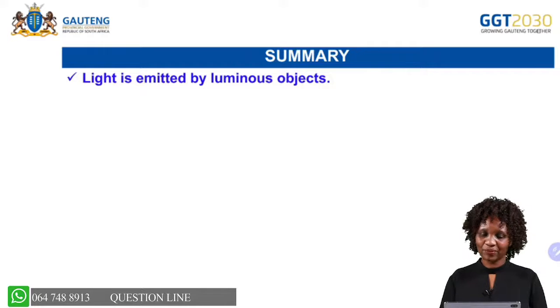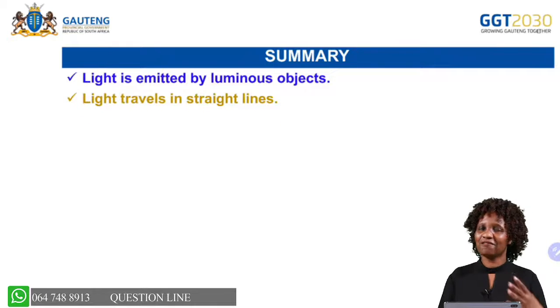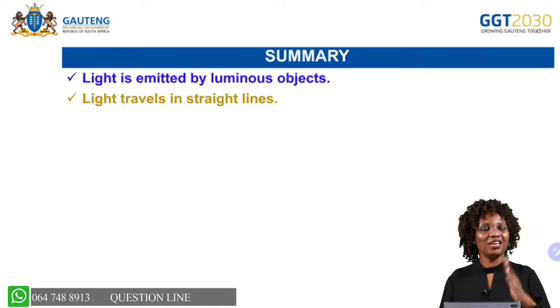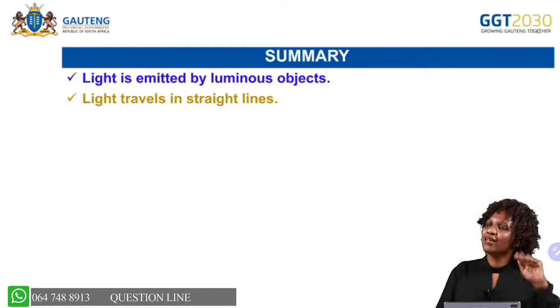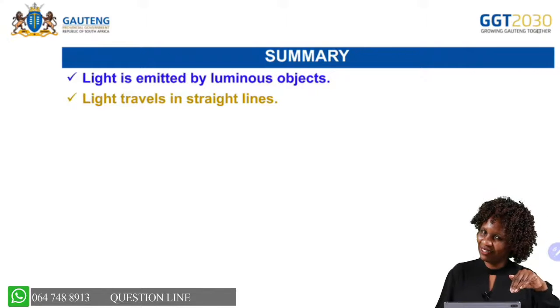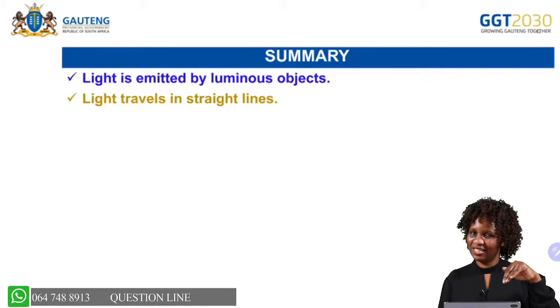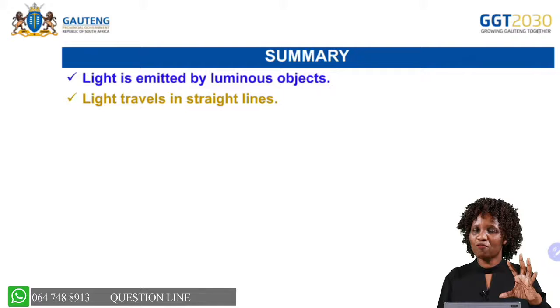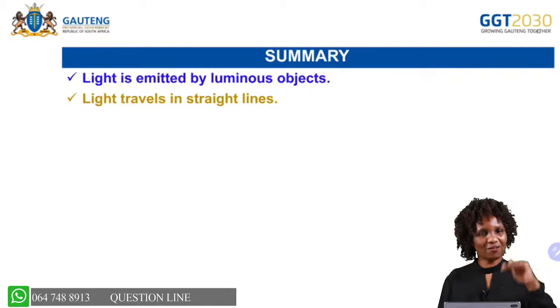Okay. And then light travels in straight lines. Light will always travel in a straight line. If it hits a glass prism, it will refract. Okay, it will bend. Do you get it? If it hits a drop of water, it will also refract.